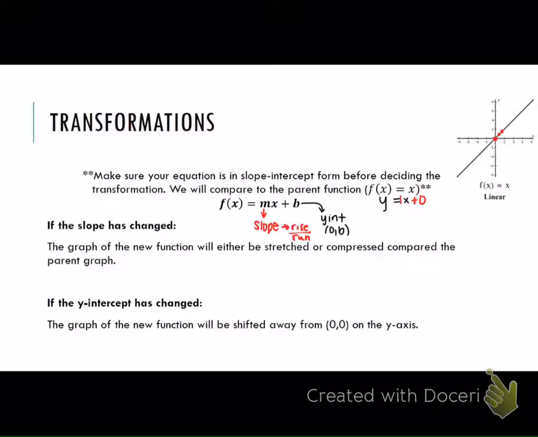So we're going to be using these vocabulary words here. If the slope of the parent graph has changed, then it can either be stretched or compressed. So think about stretching. If you were to stretch, you get taller, right? So stretching makes it a steeper slope. So stretching would mean a steeper slope.